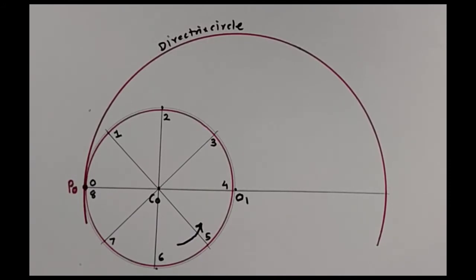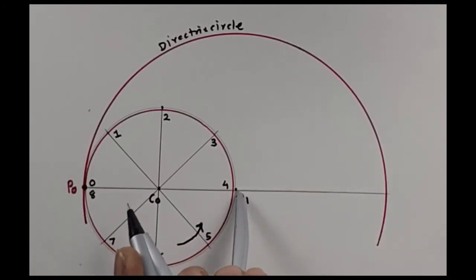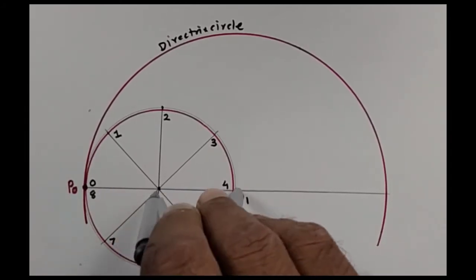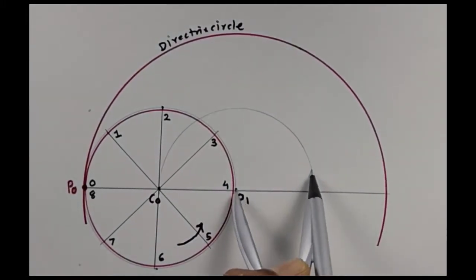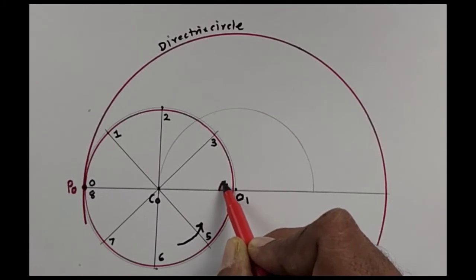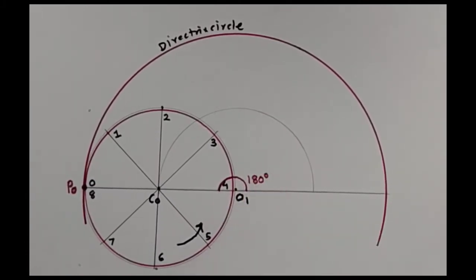First we draw our center circle path. For that I take O1 as center, with radius up to C0, and we show the center path. And we take here a 180 degree angle.